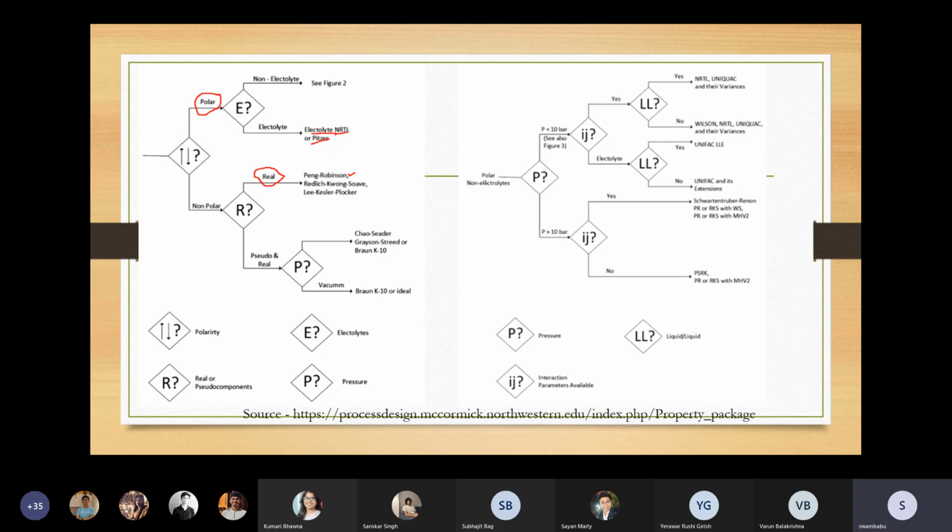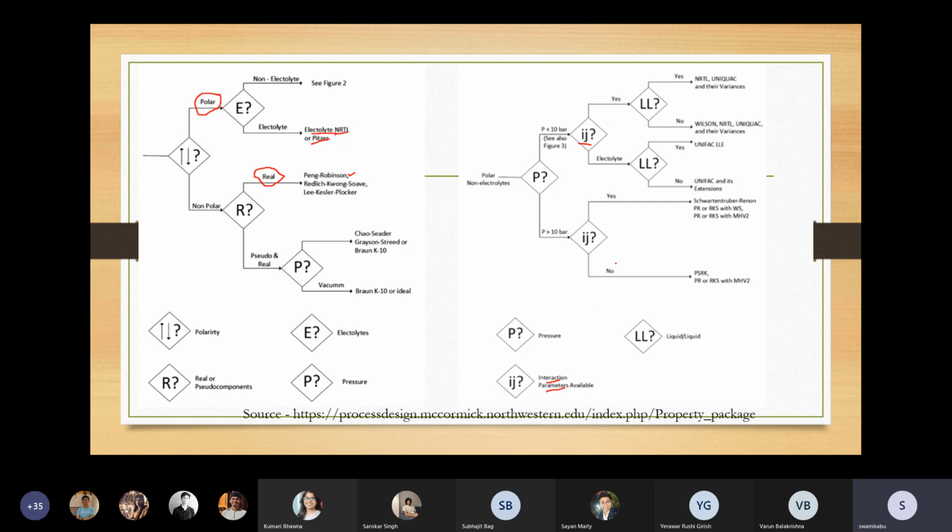Now, if it is polar non-electrolytes, the classification is based on pressure, less than 10 bar or higher than 10 bar. If it is less than 10 bar, you can see the question of whether interaction parameters are available or not.